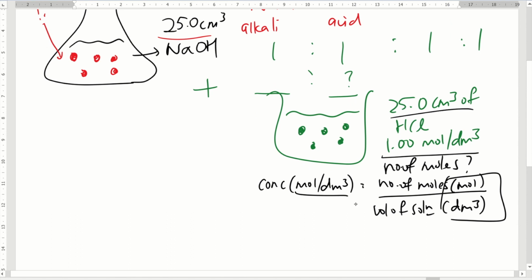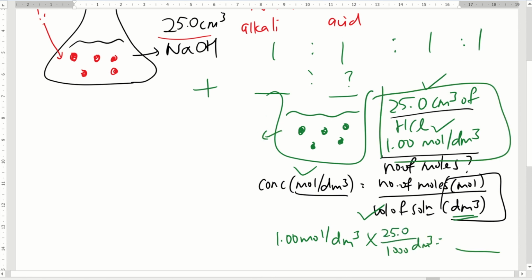I have my volume, which is 25, and I have the concentration, which is 1 mole per dm cube. So I fill it in, and multiply by the volume, which I convert to dm cube. So 1 mole per dm cube multiplied by 25 over 1000 dm cube of my solution is 0.025 mole.